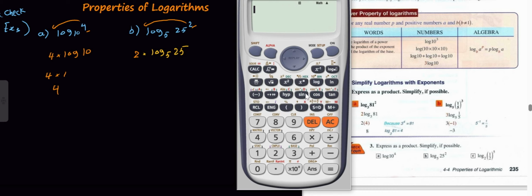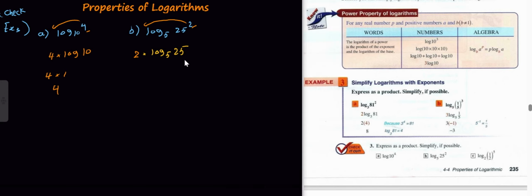It will be log 25 divided by log 5 equals 2. Or by mental math, we can say 5 to the power 2 equals 25. So 2 multiplied by 2. The result of this one equals 2. Then 2 multiplied by 2 equals 4.